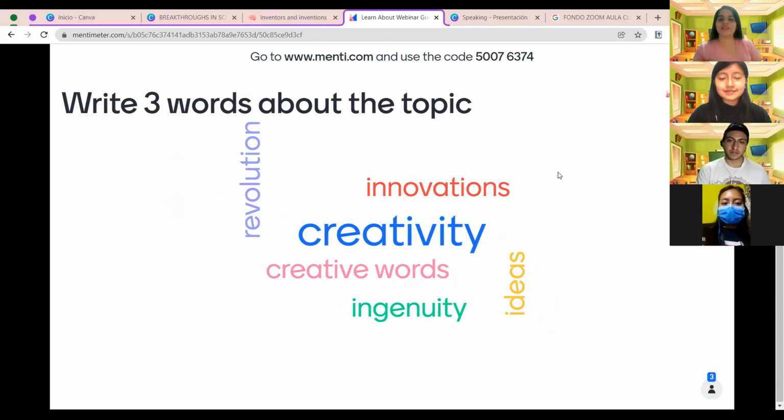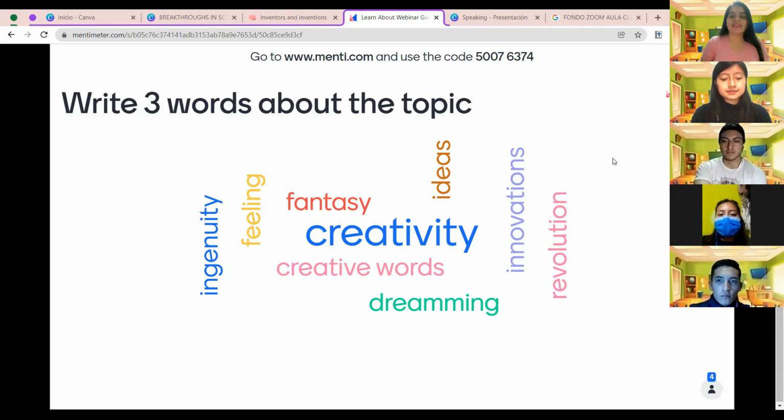Finally, we are going to share with each other the things we have in mind about the topic. We are going to explain why we chose one of these words. Also, with the word that we wrote, we are going to create a sentence in past simple tense. So please, Melanie, help us with your example.